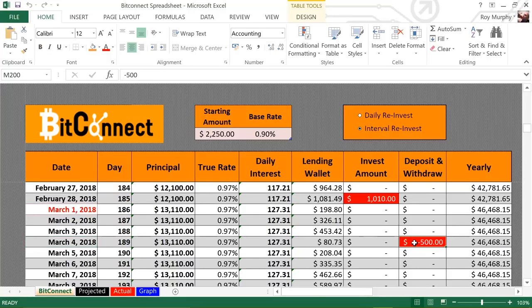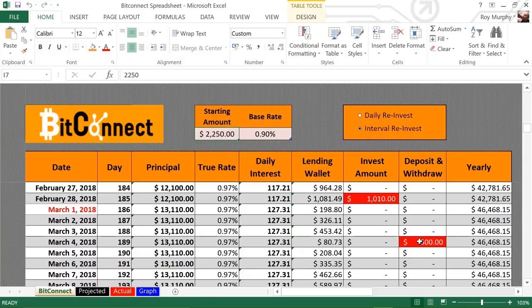But here I've actually done a withdrawal. And I want to withdraw this into Bitcoin so I can send this to my exchange Bitcoin wallet, so I can actually cash this out, put this in my bank. So part of my plan would be around March the 4th, day 189, bearing in mind I put in 2,250 on day 1.